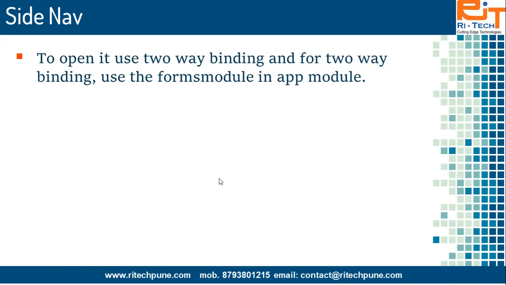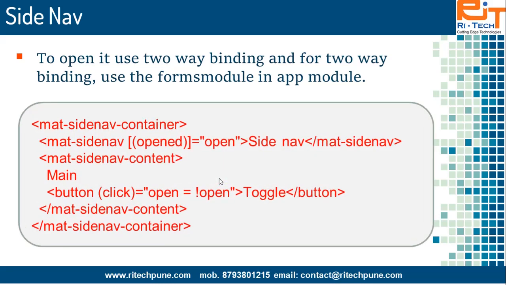To open it, we basically have two-way binding. For two-way binding, use the FormsModule in the app module. So we can use the opened attribute to open the side nav, and for that we need to use two-way binding.